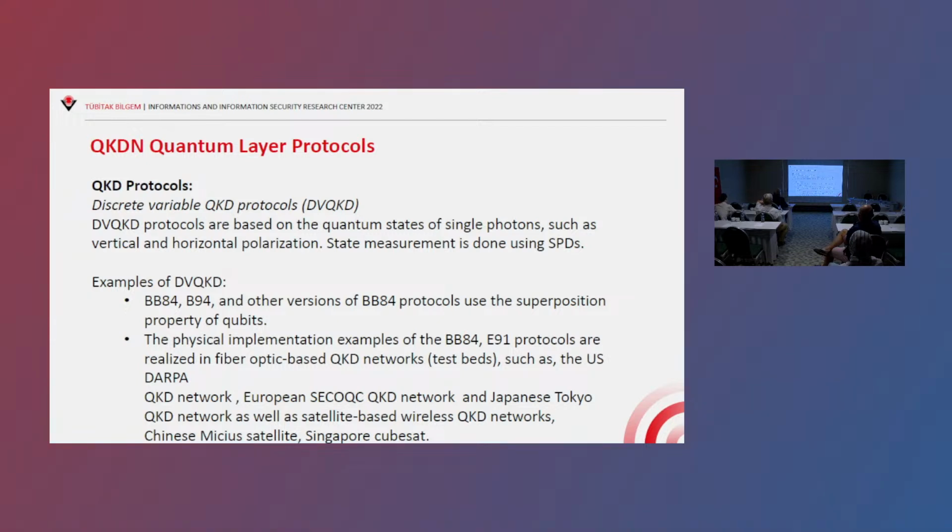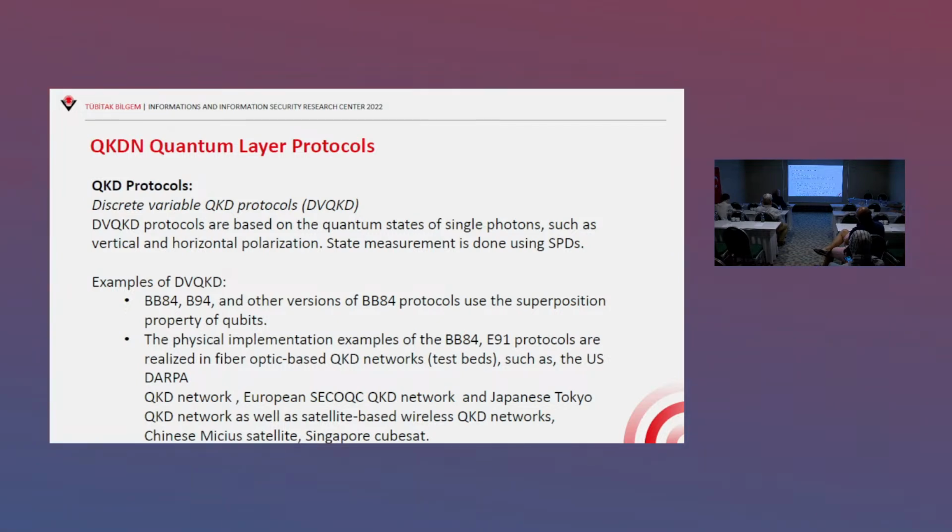Are there any implementations of the QKD protocols? Yes, there are. There are many test beds worldwide, in Europe, in Japan, and the most recent one is the Chinese MICIUS satellite system, where a low Earth orbit satellite transmits an entangled pair of photons to two stations on Earth, two locations, and then going through the Bell state analysis and other security checks, one could distribute entangled pairs and consequently a secure key to two parties.